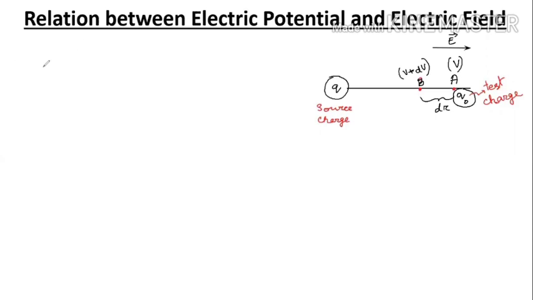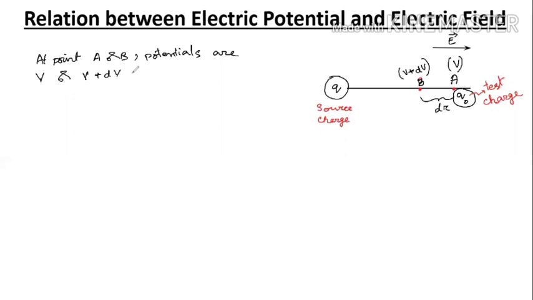Okay, so we will just note down the assumptions we had made. We had made that at points A and B, the potentials are capital V and capital V plus dV.